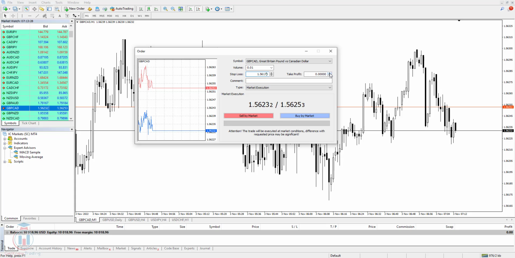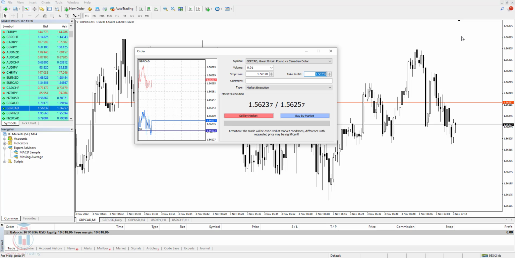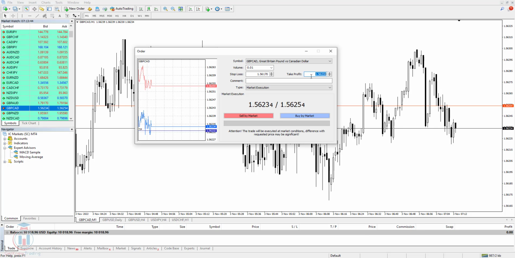If I want to put take profit, the take profit should be above, because when the price goes up, this means I will make money. So I need to put some level where I'm expecting to exit this trade with a profit. So in my example, the take profit should be placed above if I'm going to open the buy order.